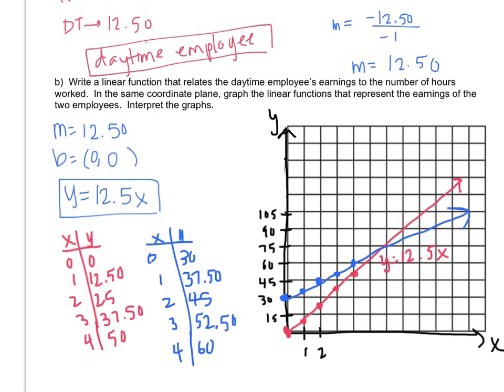So you see that the daytime employee is making a little bit less at the beginning, but then once they work for 3, 4, 5, about 5.5 or 6 hours, depending on how accurate my line is, then the daytime employee starts making more money. So that's what I'm going to do right here where it says to interpret the graphs. I'm going to write a sentence about what I'm noticing.